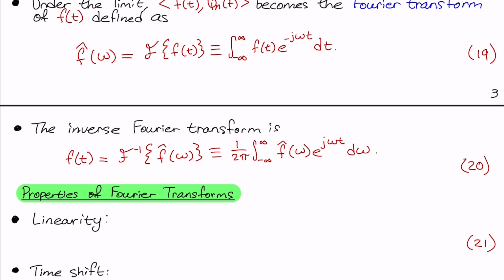And you might see the 1 over 2 pi used in the definition of the Fourier transform, or you might see 1 over root 2 pi on each of them. Different books and different approaches might choose to put that 1 over 2 pi somewhere else.